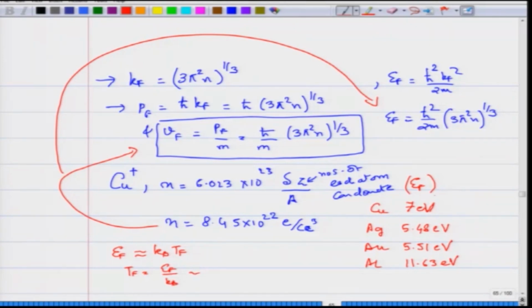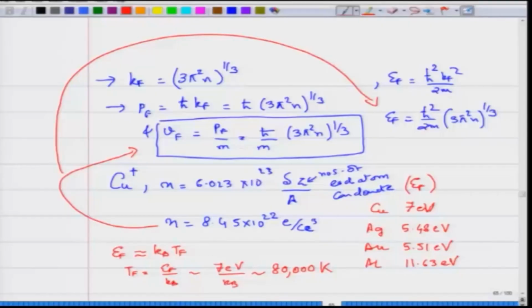If you put 7 electron volts here divided by kB, in the right units, you will get something like 80,000 Kelvin, which is far larger than what the material would vaporize at.